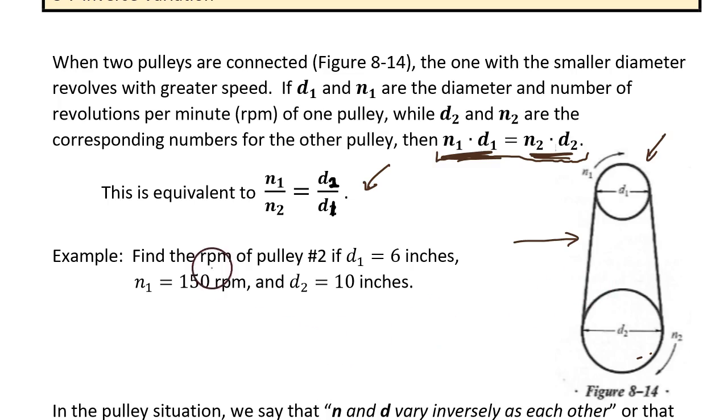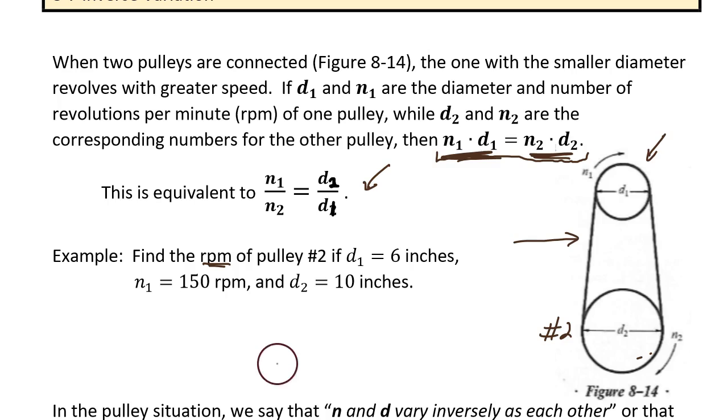In our example situation, find the revolutions per minute of pulley number 2, that's this larger one, if D1 is 6, N1 is 150, and D2 is 10. To solve this problem, we use our basic setup, which is this proportion given right here, or if you prefer, this equation given right here.